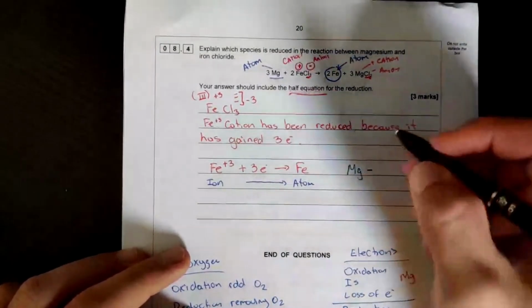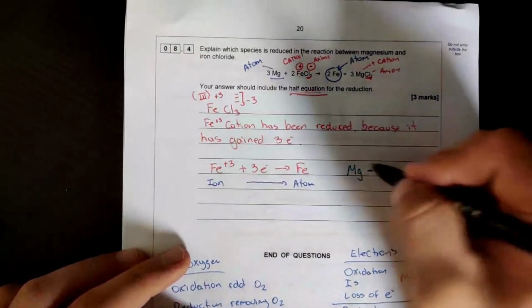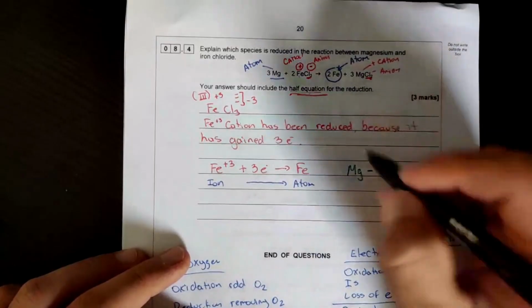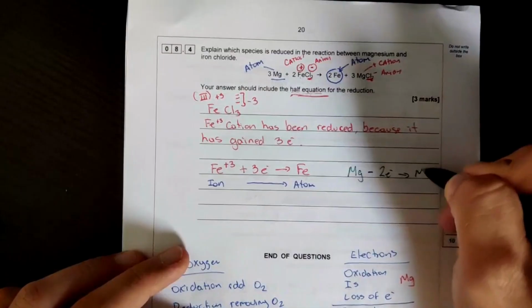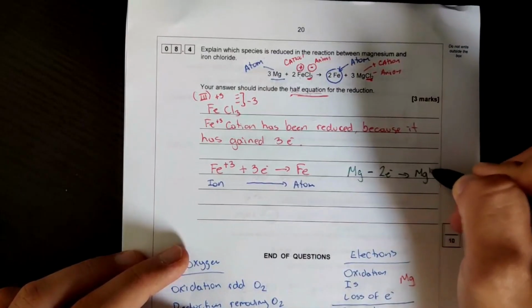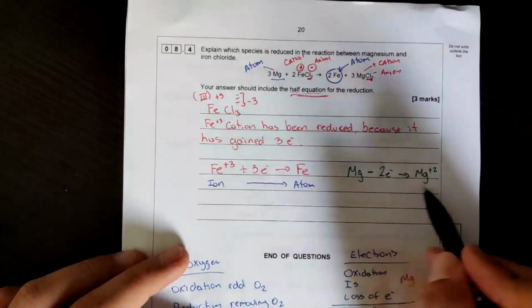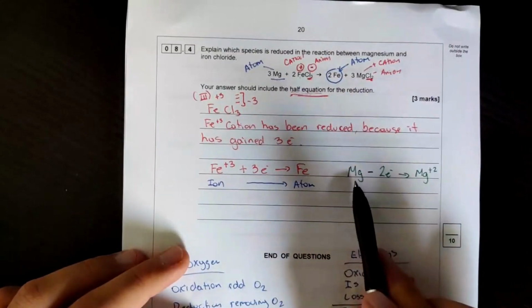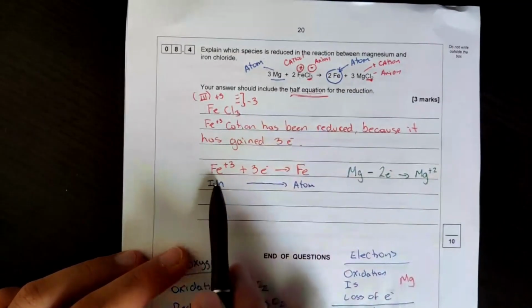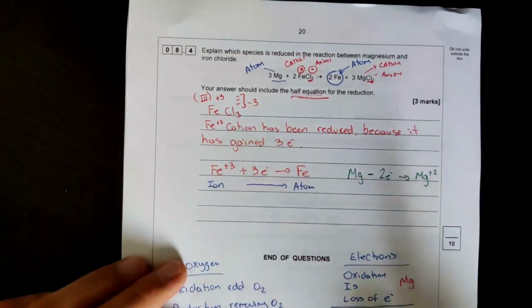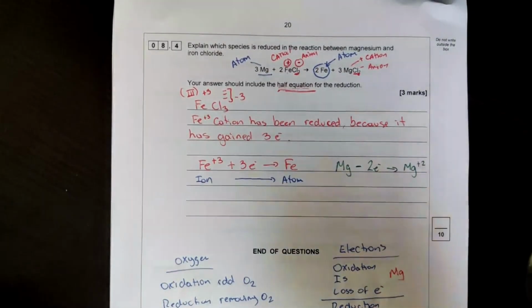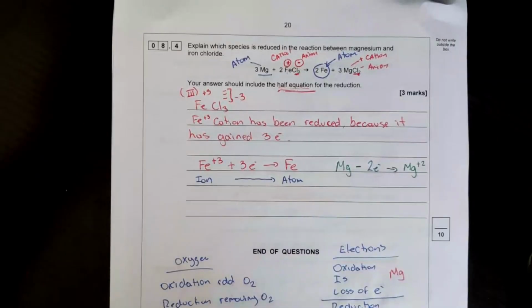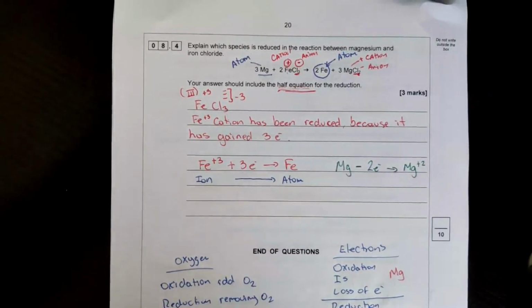But magnesium would have lost 2 electrons and it turned into magnesium 2 plus. And that would have been the opposite of that. That's the oxidation of magnesium. This is the reduction of iron. Right, so that is it. That is question 8.4. That is the end of the paper 1 chemistry 2018 higher tier.